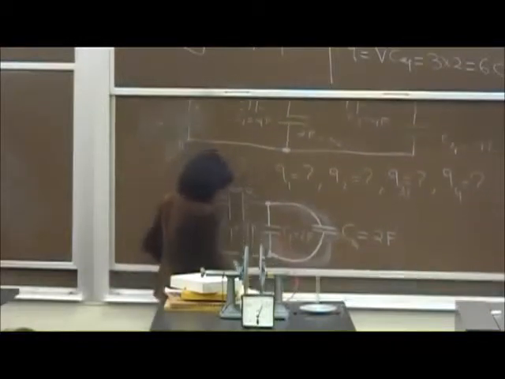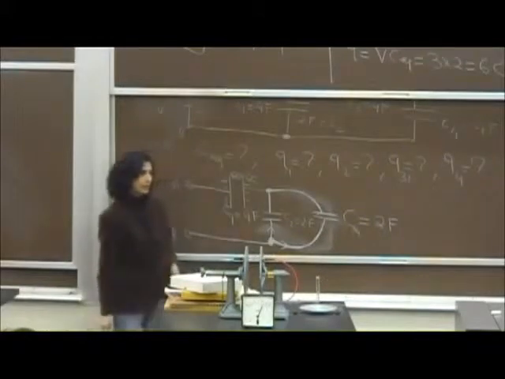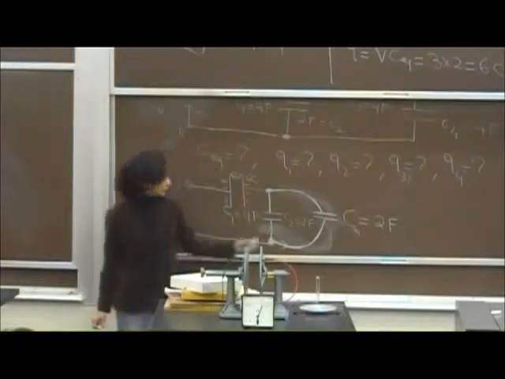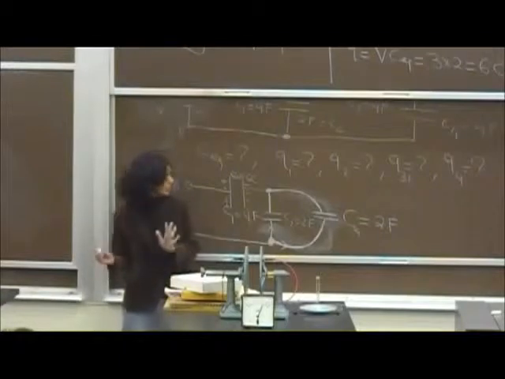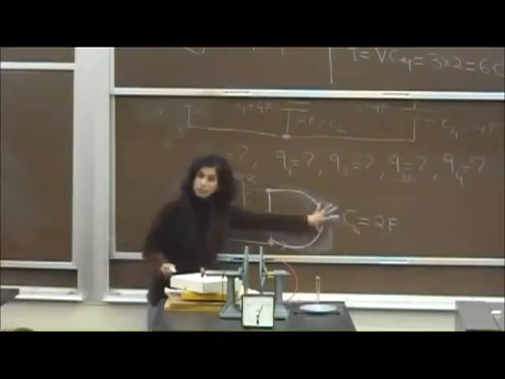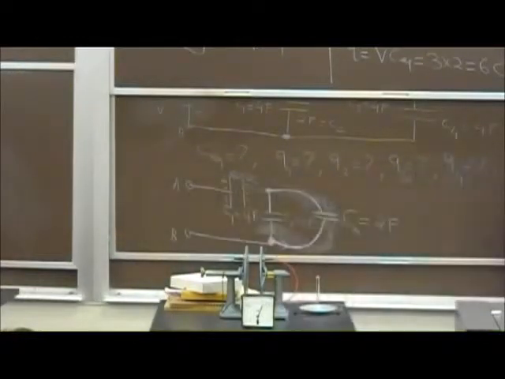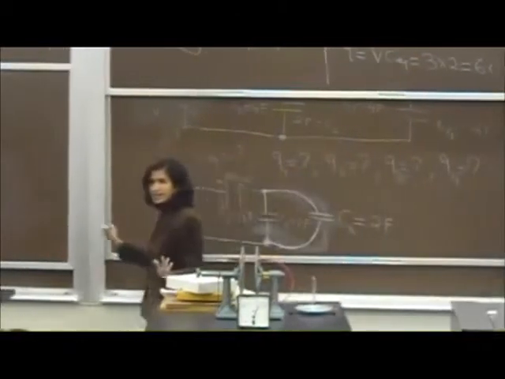So this charge is going to split into 2 parts here, right? Typically you will have to figure out how much will go this way and how much will go that way. The way you will figure that out is by realizing that the voltage across this and voltage across this should be the same, right? Is everybody appreciating that?